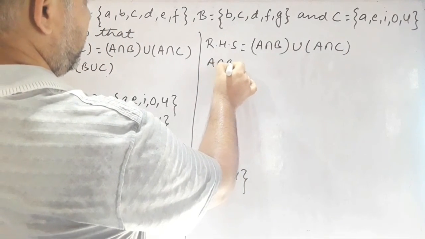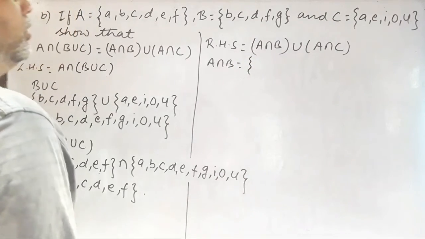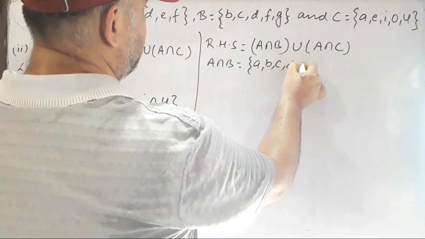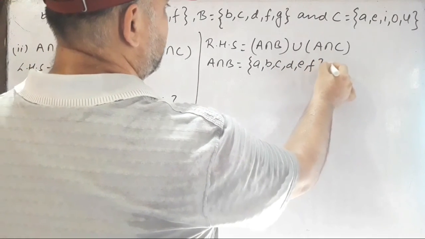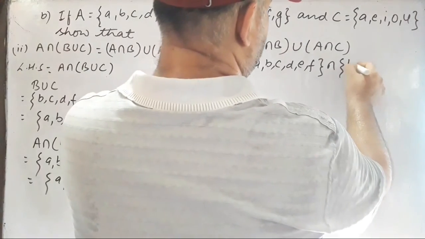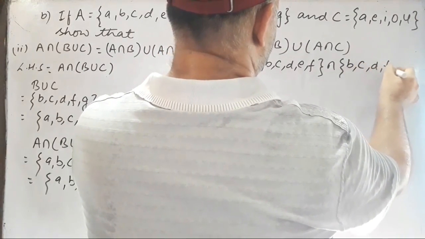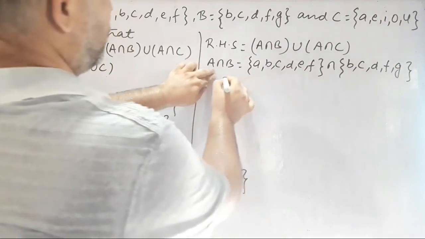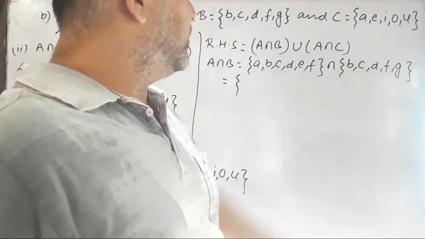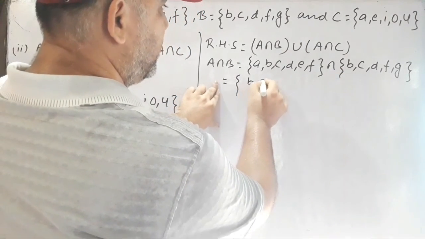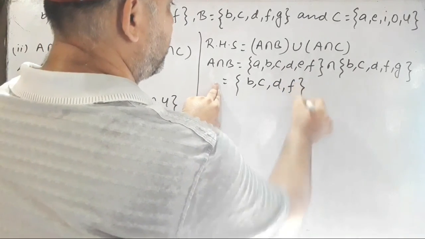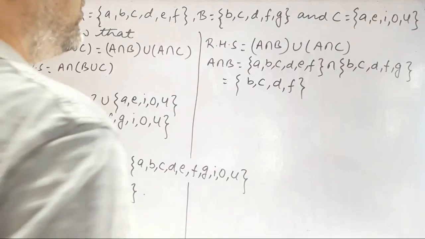A intersection B equals the elements of A, B, C, D, E, F, intersection the elements of set B, C, D, F, G. The common elements of these are B, C, D, F. Okay, B, C, D, F.